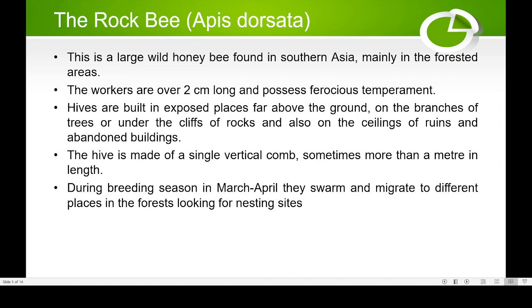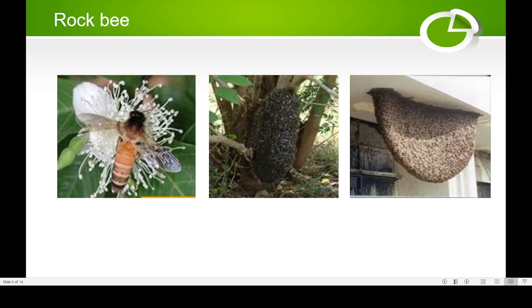The most common type of honeybee is known as Apis dorsata. Here you can find this is the Apis dorsata. In Malayalam we call it Vanthen. It is slightly larger in size, and most of the time you can find the nest of this beehive placed below the branches of trees or sometimes below the sunshade, especially on tall buildings.